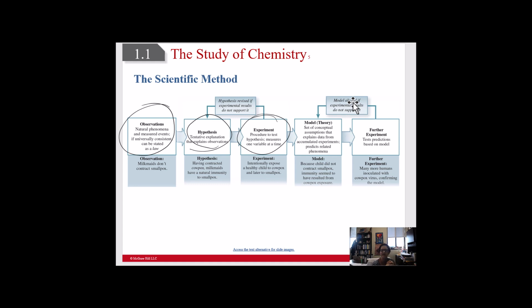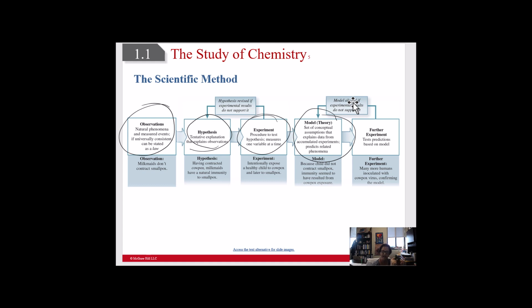You form procedures to test your hypothesis and measure one variable at a time so you can see what's actually making this happen. Once you've done that, you come up with a theory. If the results support your hypothesis, then you can come up with a theory that can predict what will happen the next time this occurs.